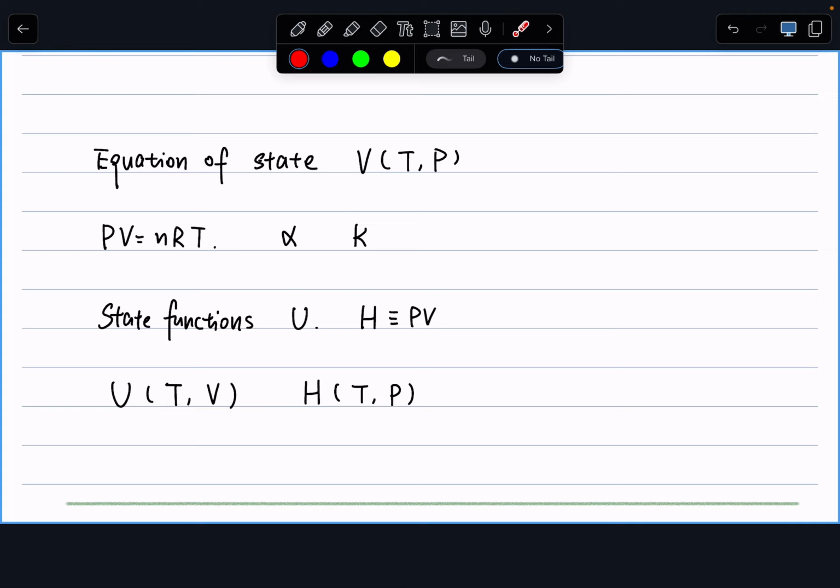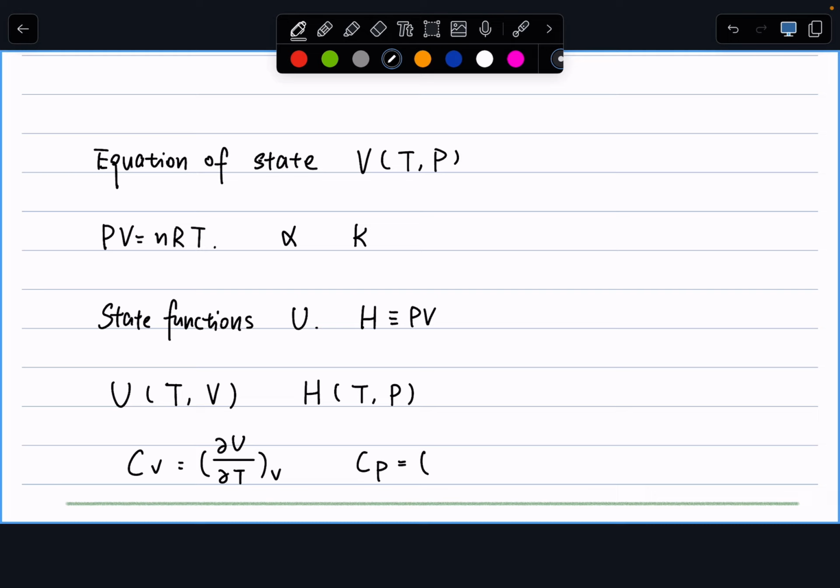So some of the things we already defined, like heat capacities, right? My isochoric heat capacity is defined as the partial derivative of U over T at constant volume, dU/dT at constant volume.